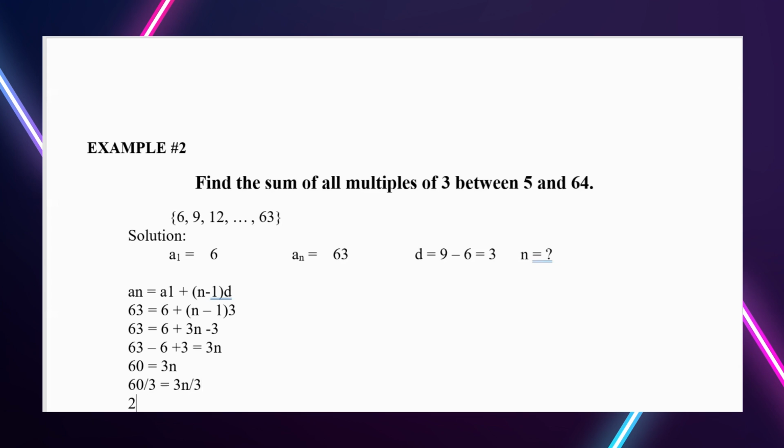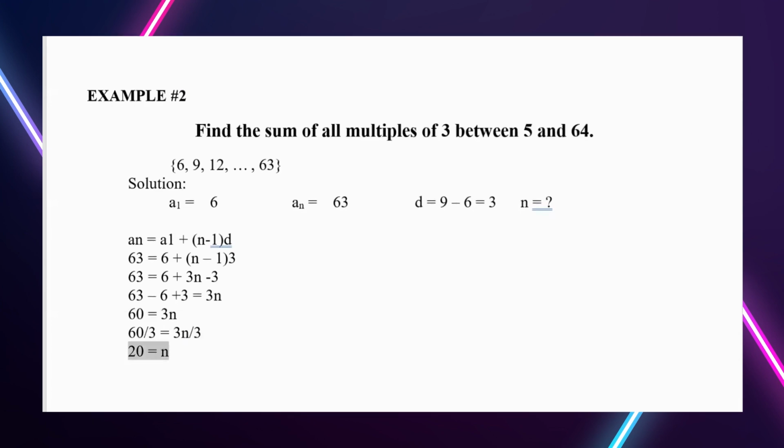Therefore, 20 is equal to n. So we now have the value of n, which is 20. Dahil meron na tayong value ng n, mako-compute na natin ang sum ng multiples of 3 between 5 and 64. Okay?